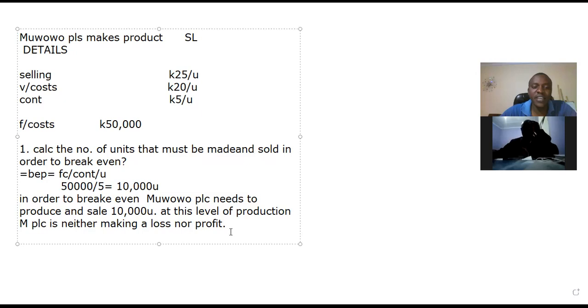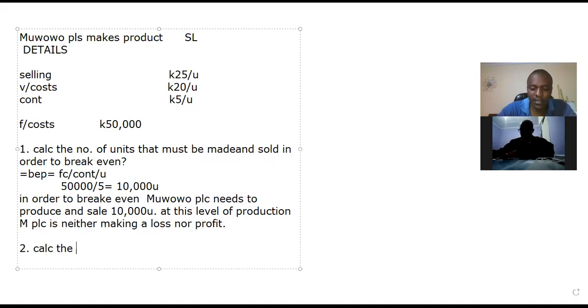The examiner says, hey, guys, question number 2, kindly calculate the level of activity required to generate a target profit.